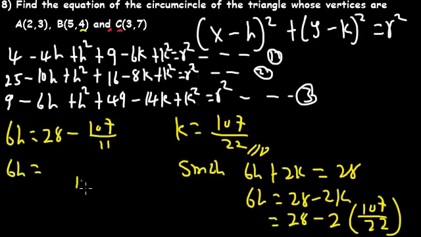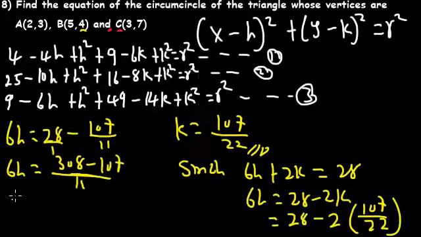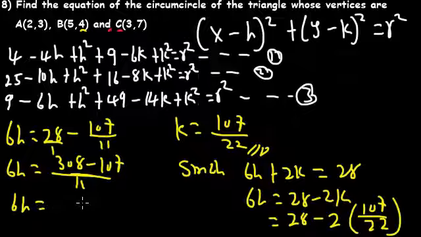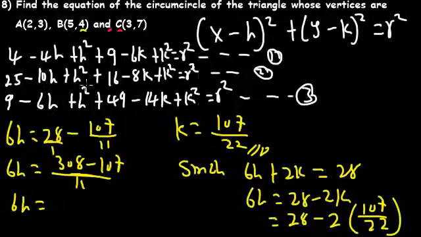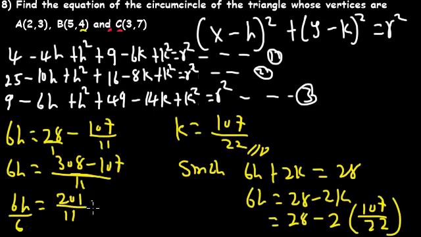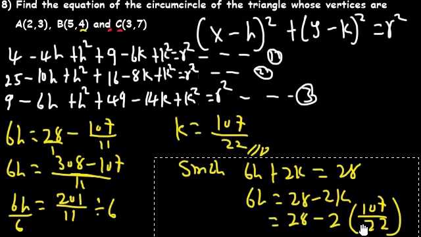The LCM is 11. 11 times 28 gives us 308. So we have 6h equals 308 minus 107, which I got as 201. So we have 201 over 11. Now we can divide through by 6, and therefore we can have the value of h as well.